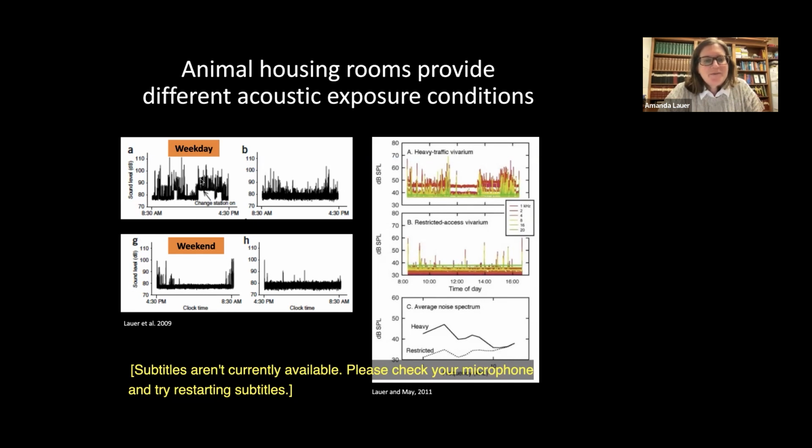This really happens during the workday and mostly goes away during the weekend. So we know that it's anthropogenic noise primarily, not from the animals themselves.